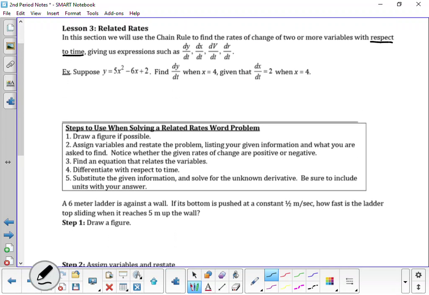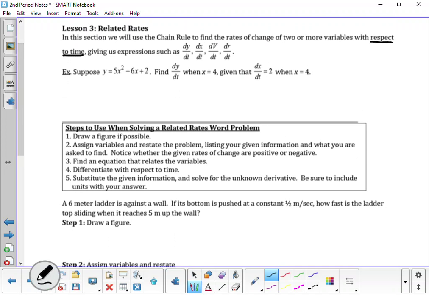Remember when we did implicit and when we took the derivative of this, we would get dy/dx equals 10x dx/dx minus 6 dx/dx, right?